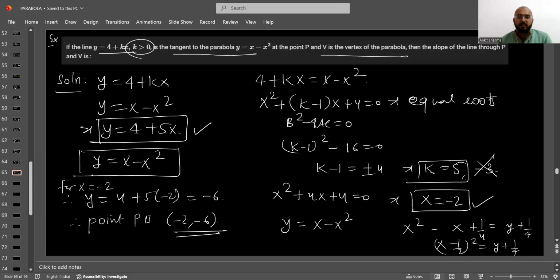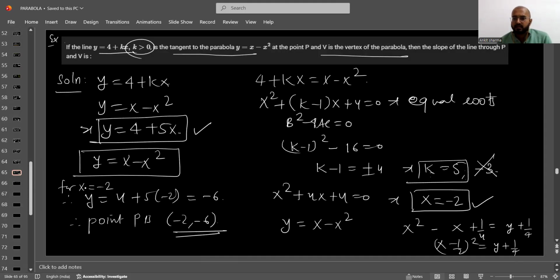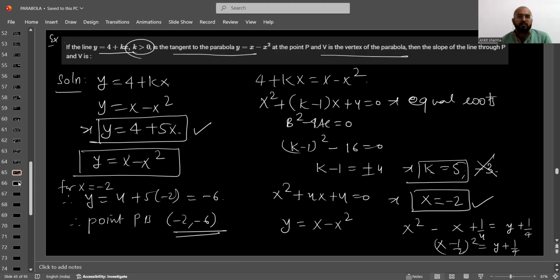Now what we need is the slope of the line passing through P and V. So P is minus 2 comma minus 6, and this point V is half comma minus 1 by 4. Now we need the slope of this line.